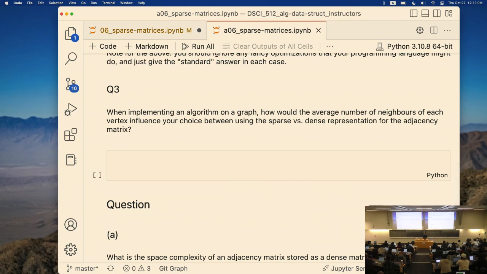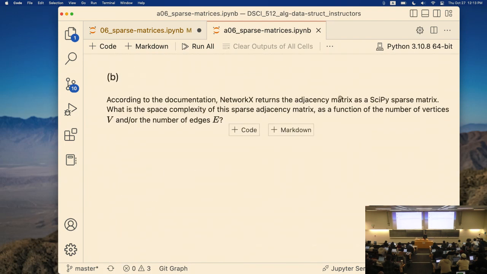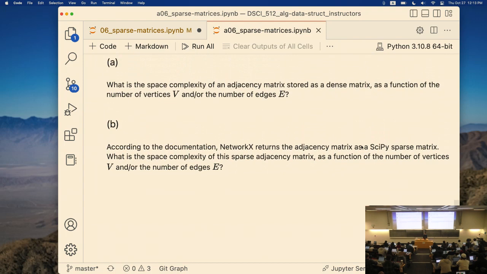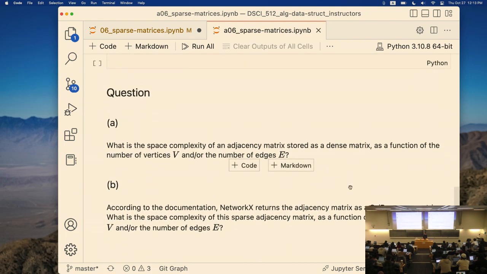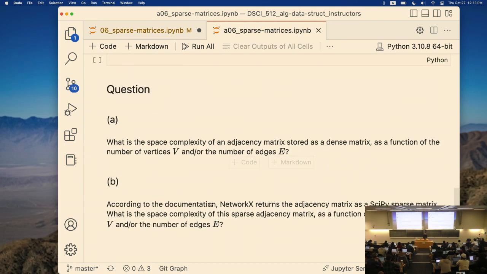Okay, so what's the space complexity of an adjacency matrix stored as a dense matrix as a function of the number of vertices and the number of edges?